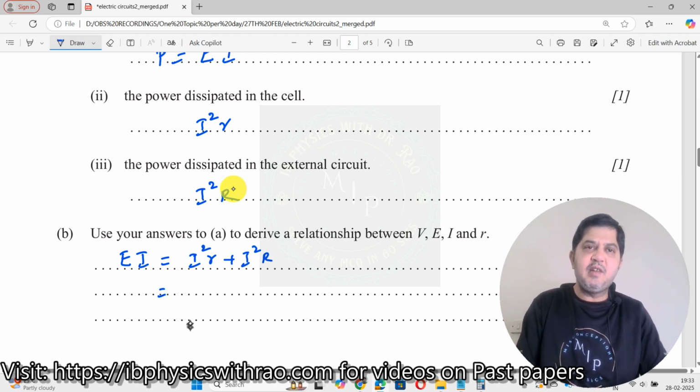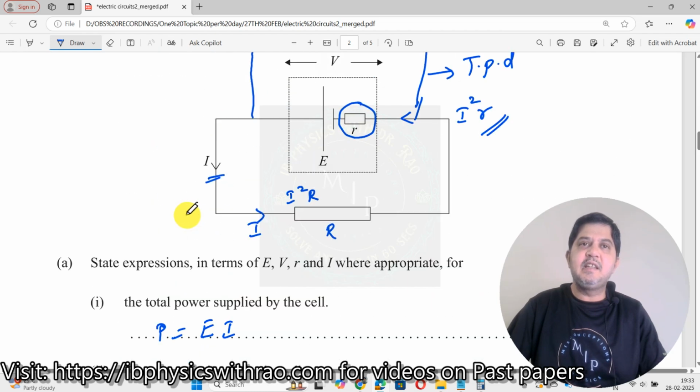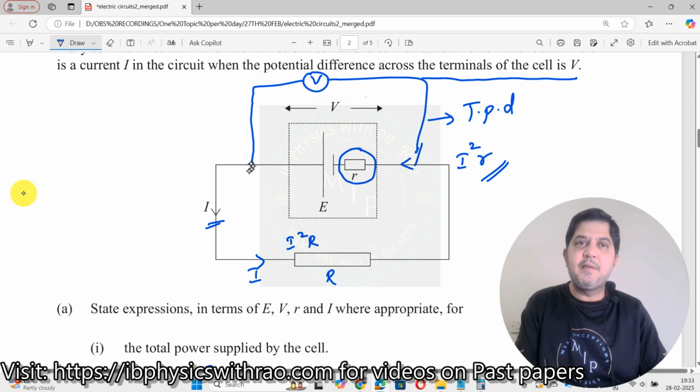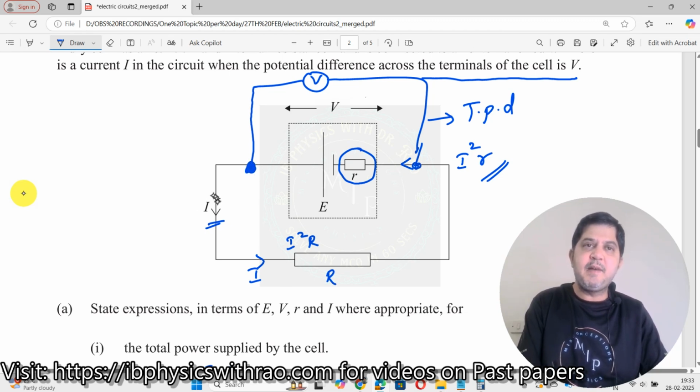Now this can be written as I squared r plus V into I. What is V here? V is nothing but the terminal potential difference which is observed between this point and this point, right? So a current I passes over here. This doesn't have any resistance. This is the same as this point also because they are connected in parallel.